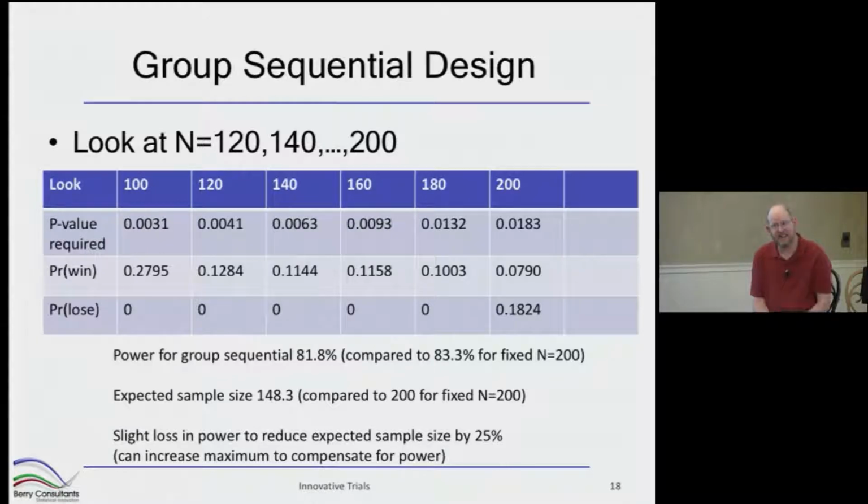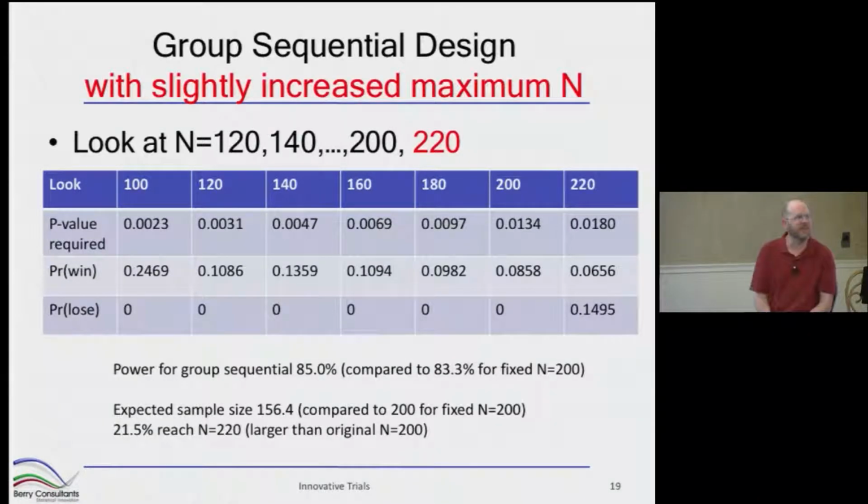I can actually pay that trade-off in a different way. Suppose I say that I'm just going to increase my maximum sample size. So now I'm going to do interims from 100 up to 220. So this is a possibility I may need a larger trial. But what does this do? So again, I've split this all out.